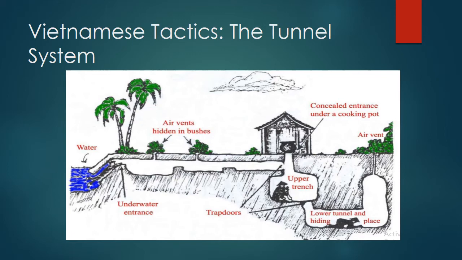So these tunnels and the Ho Chi Minh Trail were very effective and helpful, and eventually helped the Viet Cong to defeat the enemy in the Vietnam War.